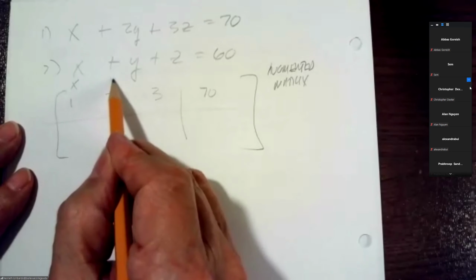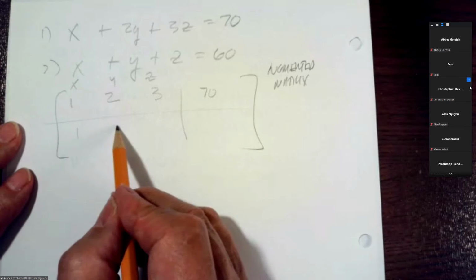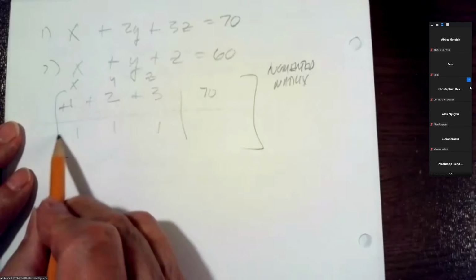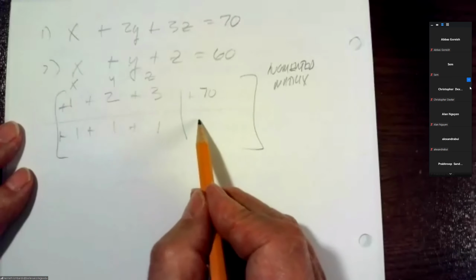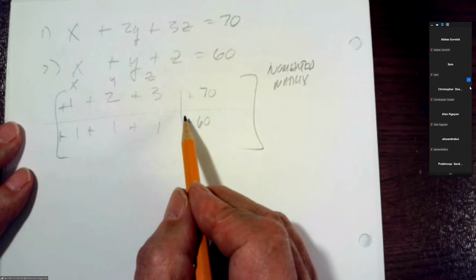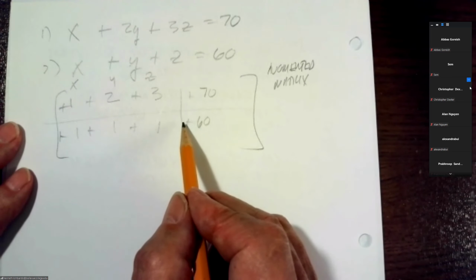And this is X, Y, Z. And this is 1, 1, 1 for these ones here. So these are all positive. And that's going to be 60. And we can say, well, we ought to be able to solve this fairly quickly. Let's see here. What row operations could I use?